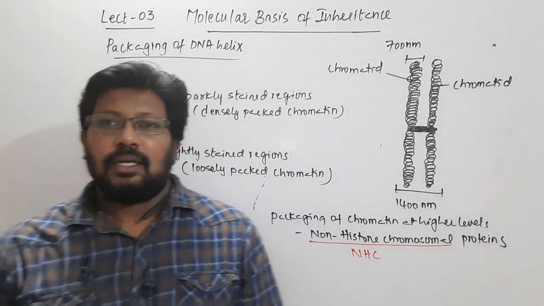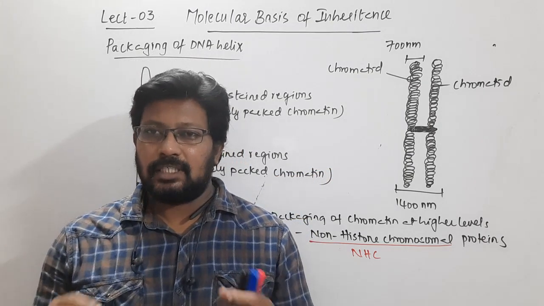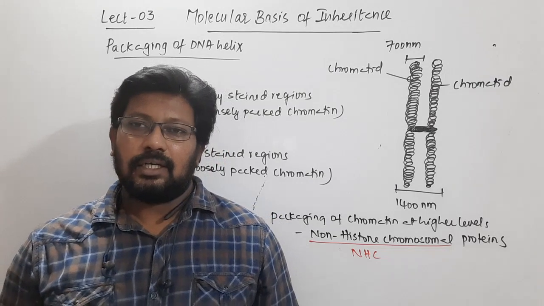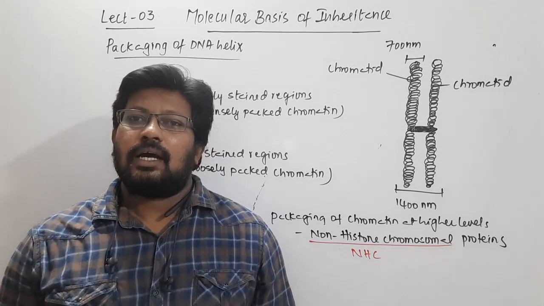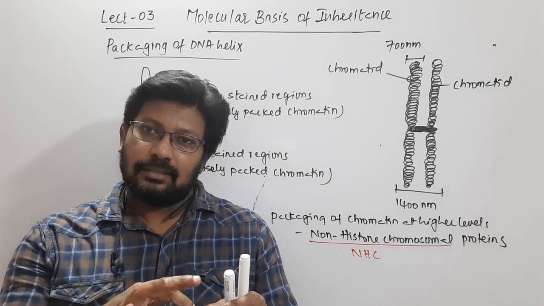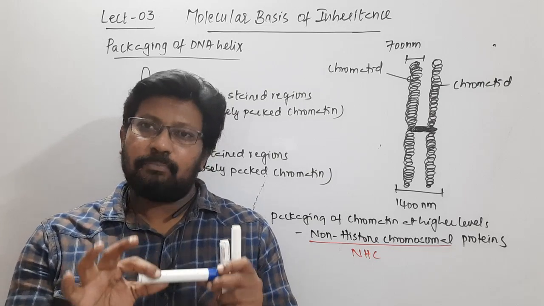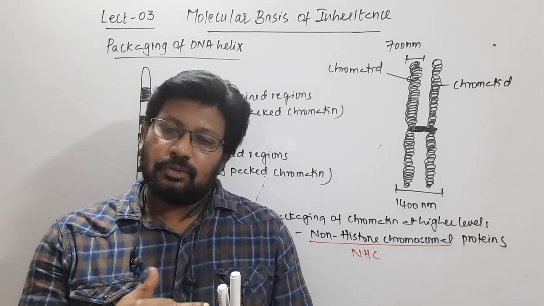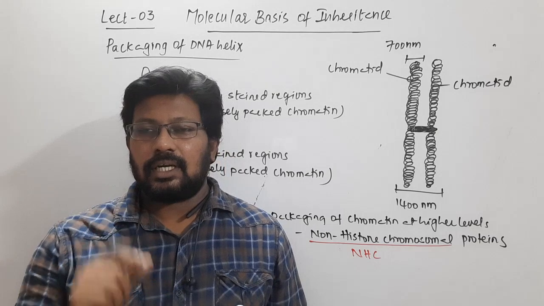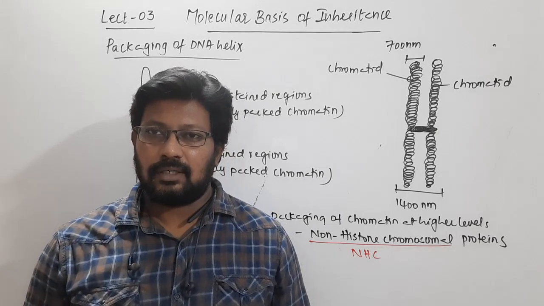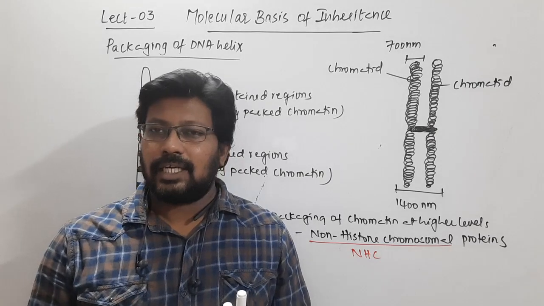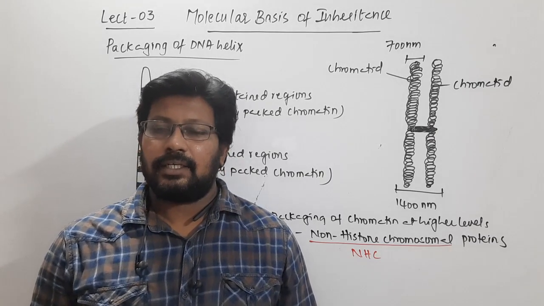Okay, so let's see an example. Take a thread and then dip it in a color, whatever color you like. Say suppose you have dipped it in blue color, and then after drying up, take that thread and start coiling around a pen, whatever. Now where you see more coilings, there you will see thick color of that blue. And if you put less coils, then that will be lightly seen.